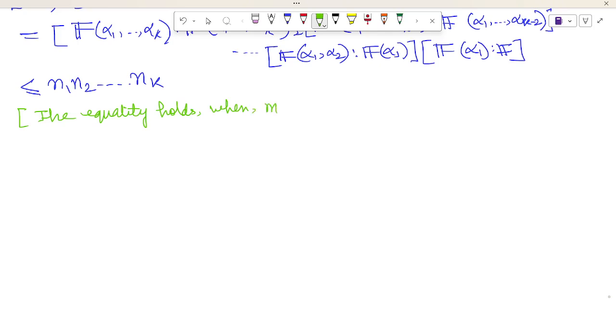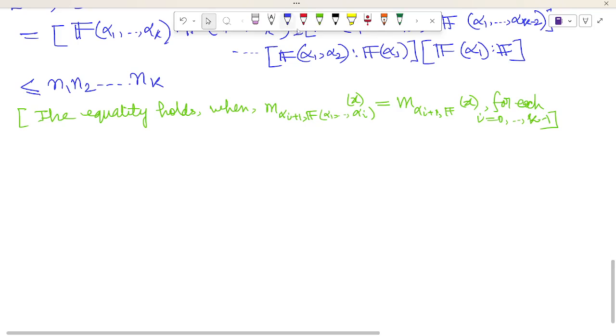When the minimal polynomial of alpha i plus 1 over F(alpha i) is actually equal to the minimal polynomial of alpha i plus 1, that is in the variable x, okay, for i equal to 0 to k minus 1, then the degree will be exactly the same as the base degree.